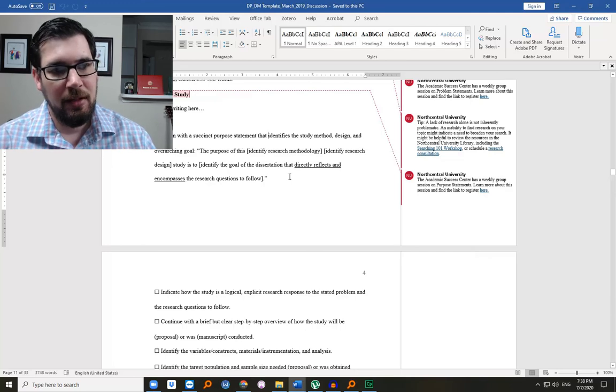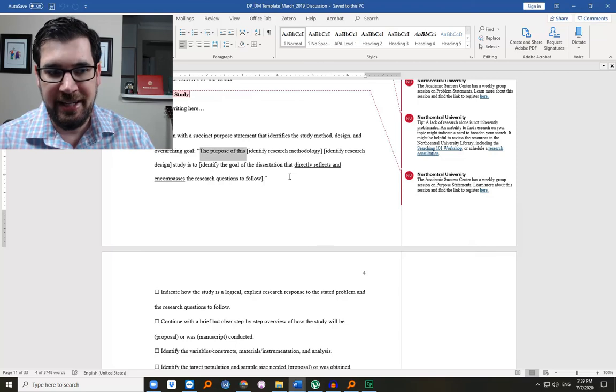So we're going to use words like the purpose of this qualitative phenomenological study is to, and if it's qualitative, you're going to use words like explore or understand, and then insert whatever phenomena or phenomenon you're trying to understand.